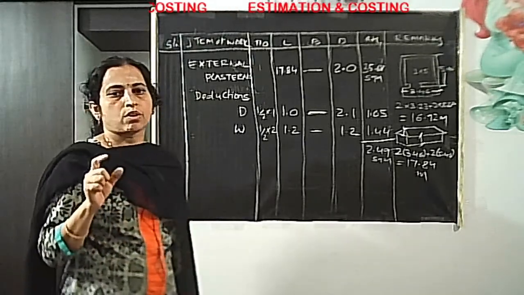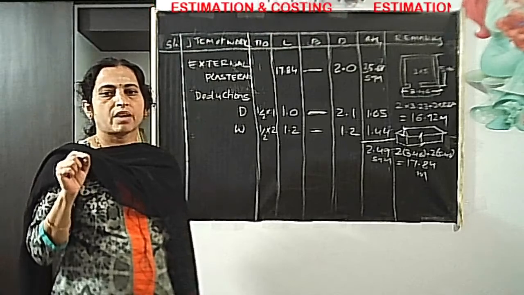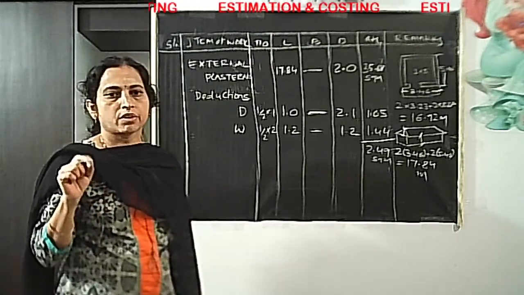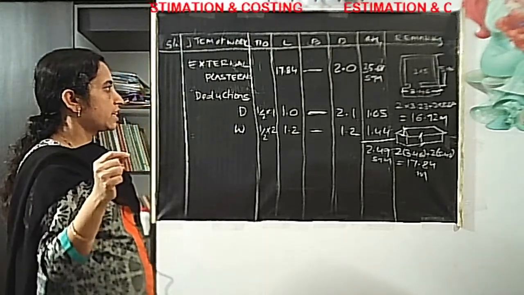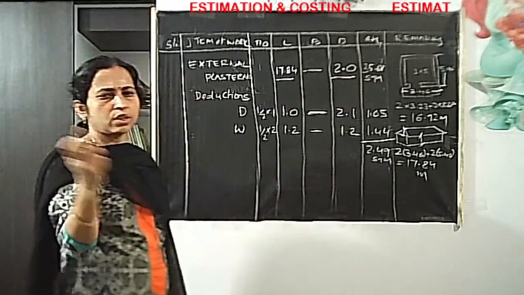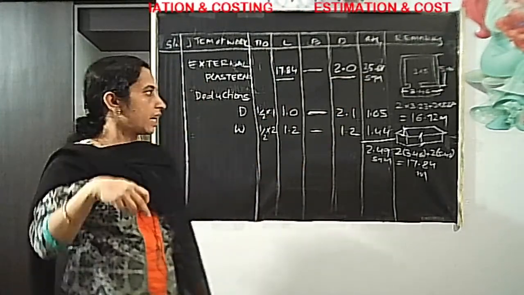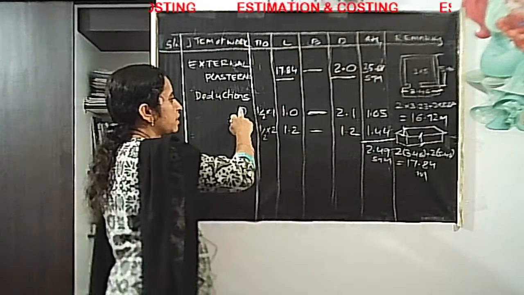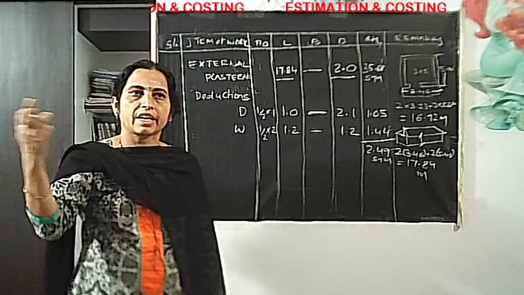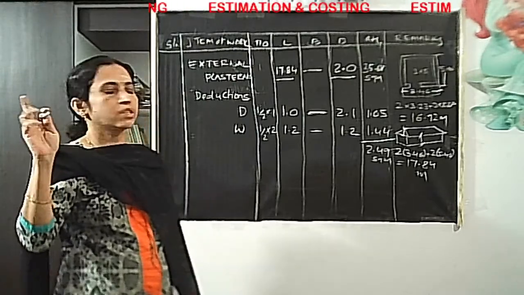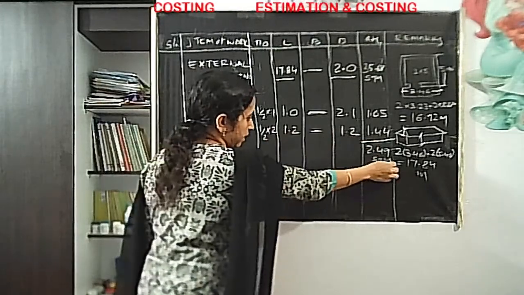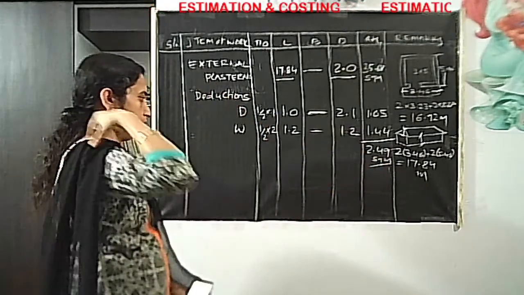One thing you have to note down here, plastering quantity is calculated in terms of area, in terms of square meter. To calculate it, we need the exterior wall length and the height of the wall, the total overall length of the wall into the height of the wall. Then we deduct half of the openings in the external wall, which comes to 2.49 square meter.